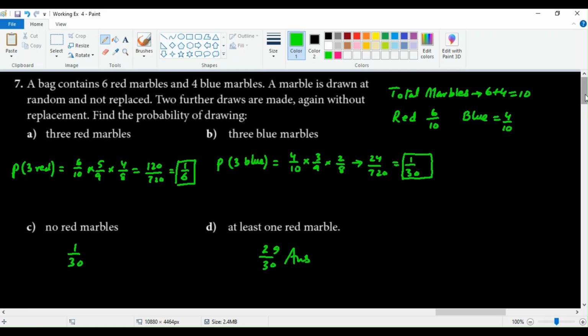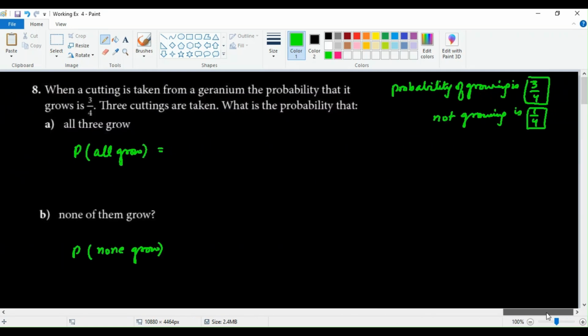Moving on to question number 8. In this situation, it says when a cutting is taken from a geranium, the probability that it grows is 3/4. Three cuttings are taken. What is the probability that all three grow? Growing is 3/4, and not growing is 1/4.